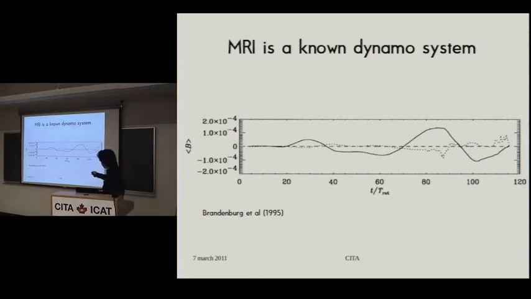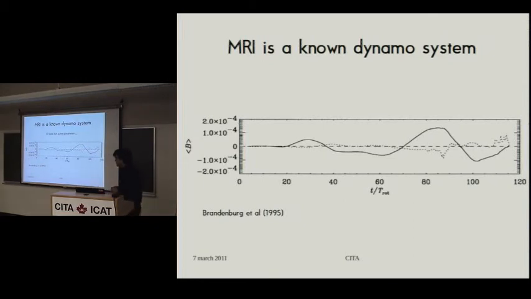The dotted line is the radial field, and the dashed line is the axial field, which is identically zero, in fact, in this case, for reasons of symmetry of the simulation. This figure comes from Brandenburg and collaborators in 1995, though there are a number of other simulations that show this behavior just as well.